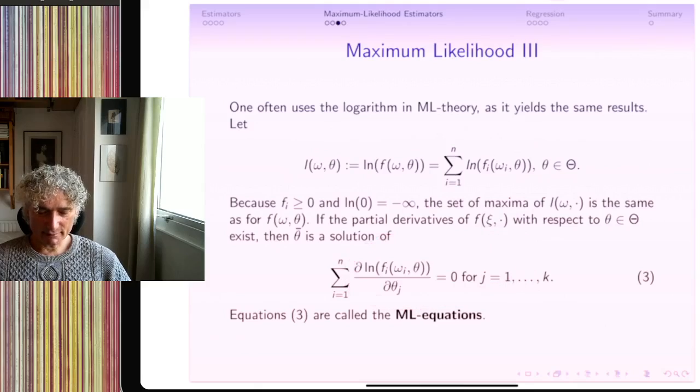So you have here k many equations, as many as you have parameters in the problem, and the ML equations are given by the sum from i equals 1 to n of the partial derivative of the logarithm of these individual densities with respect to the different parameters, the theta j. Okay, as I already said, equations 3 are called maximum likelihood equations, abbreviated just by ML.